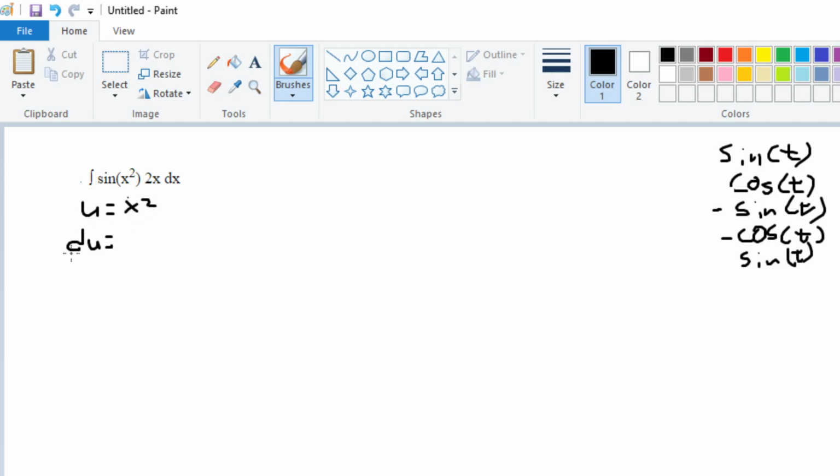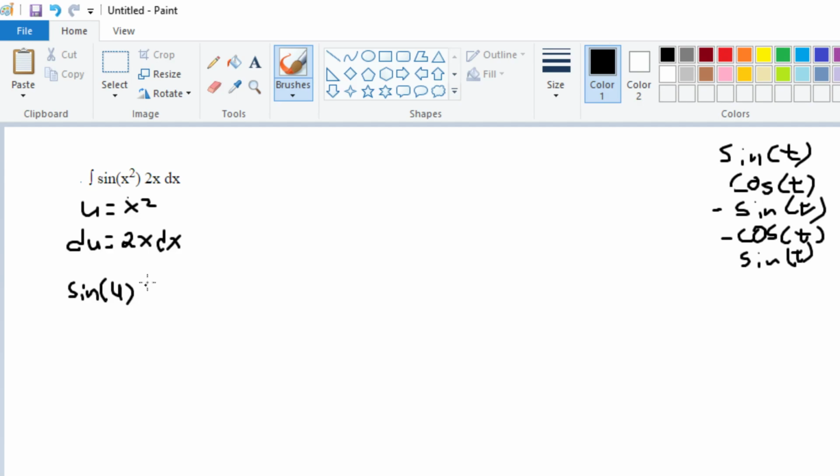The derivative of u, du, is the derivative of x squared, which is 2x dx. Okay? And now we can do our substitution. The first thing we have is u, and that was inside of sine.